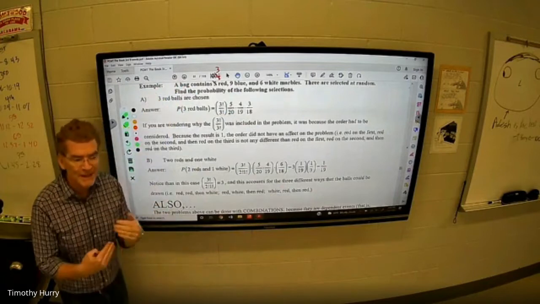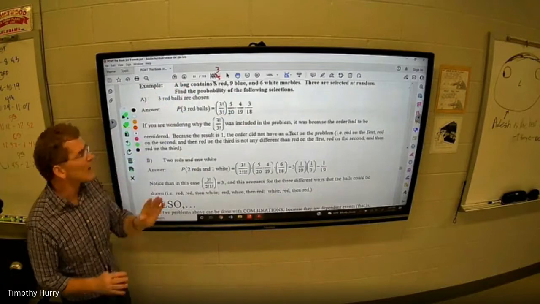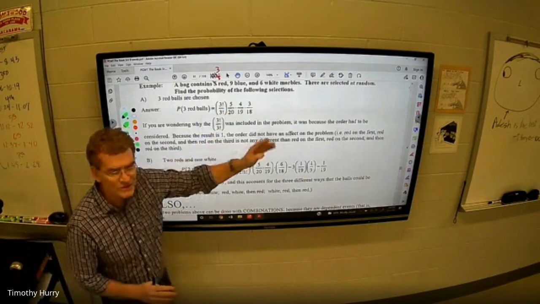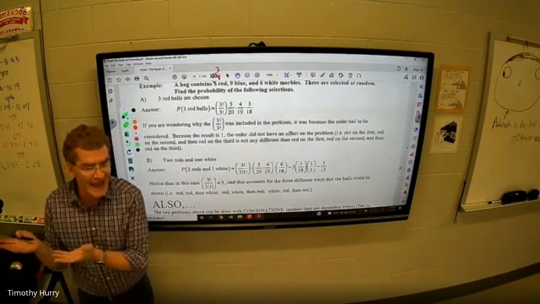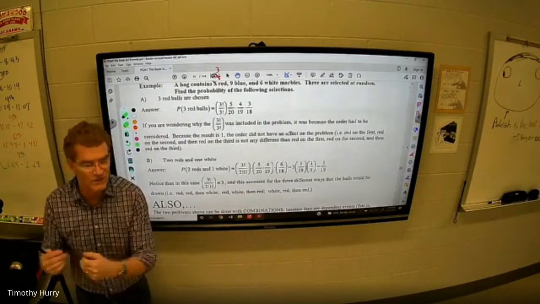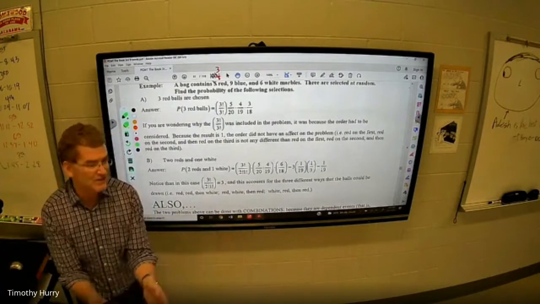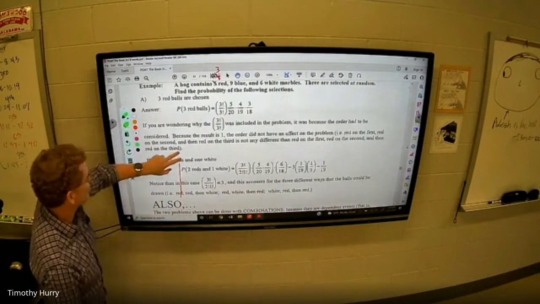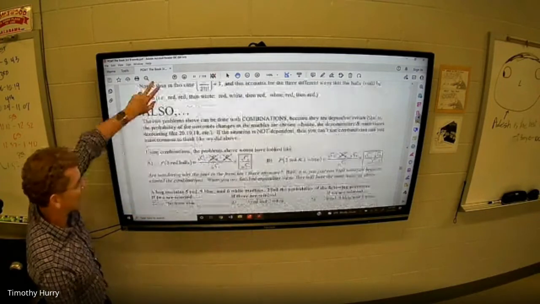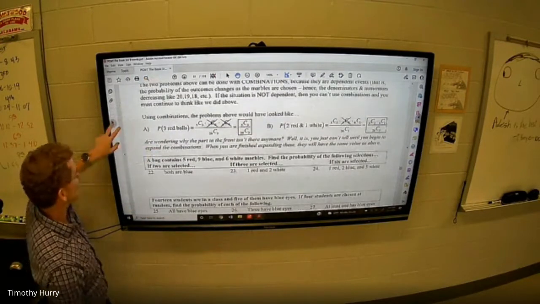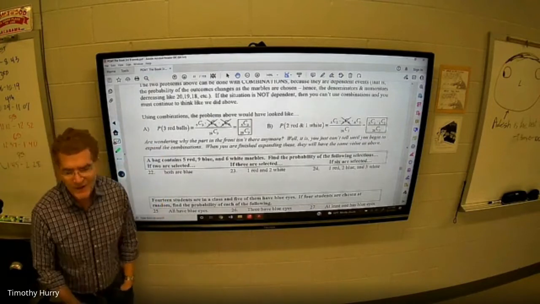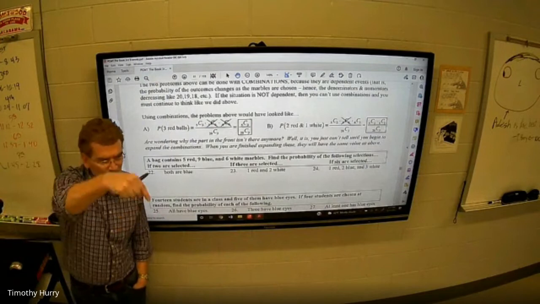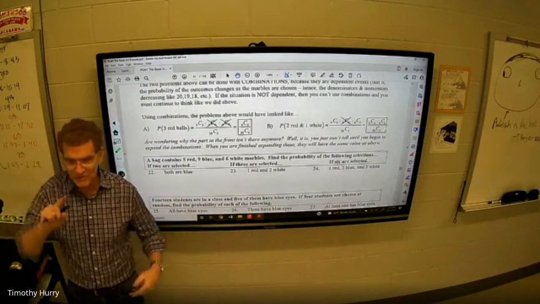When you have dependent situations, you don't have to do all these individual choices. You can do probability using combinations and counting the number of ways to be successful over the ways to be successful or unsuccessful. And that's where you start getting down here into using C's. So like right here, if I want the probability of 3 red balls, I don't have to do each individual probability and count the number of ways it can happen.